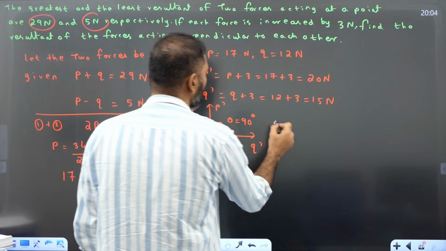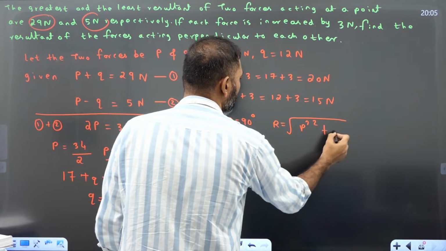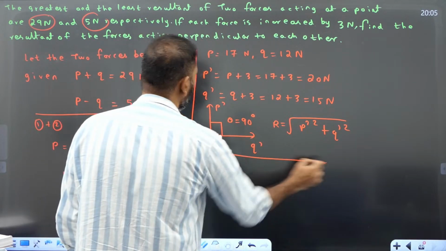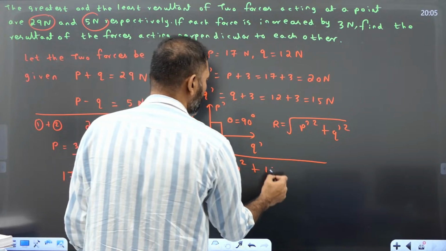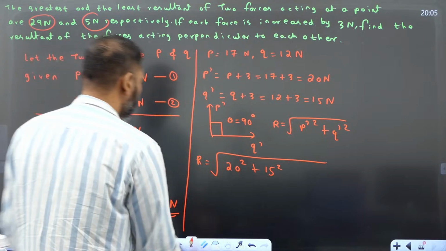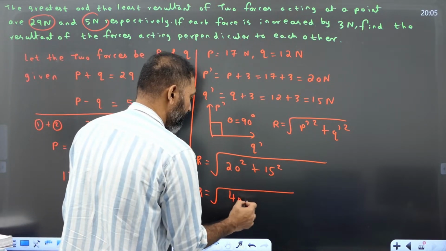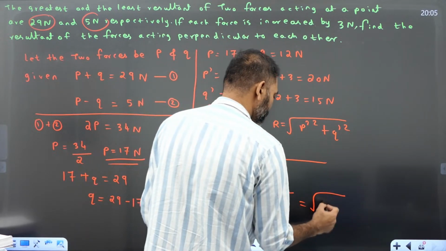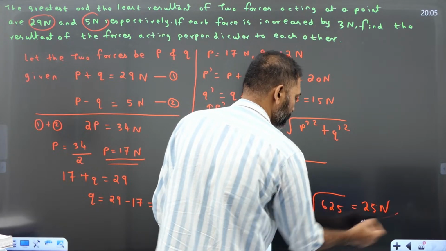So R is equal to root of P dash square plus Q dash square, 20 square plus 15 square, root of 400 plus 225, root 625. So the answer is 25 Newton.